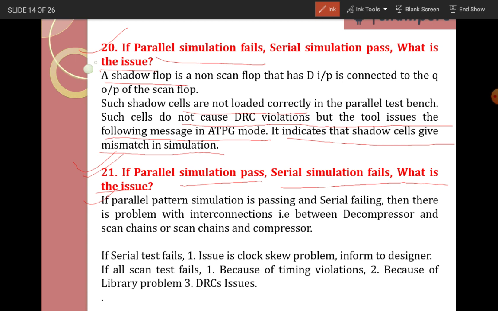If that is the case, inform the designer. If all scan tests fail, it is because of timing violations, library problems, or DRC issues. So these are the reasons serial simulation will fail.